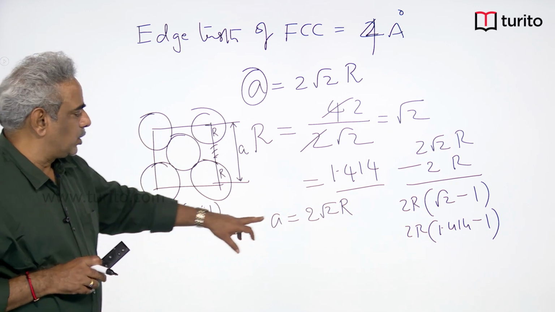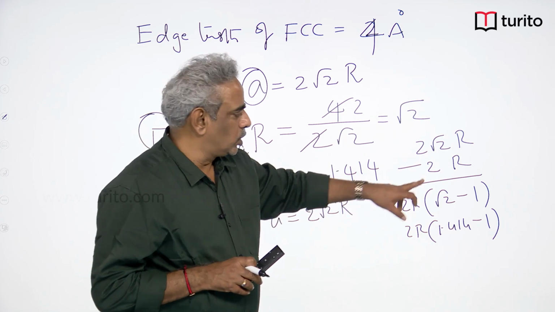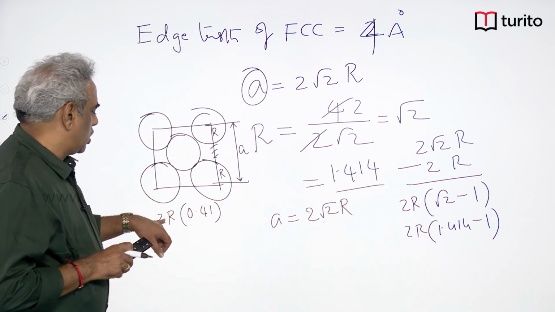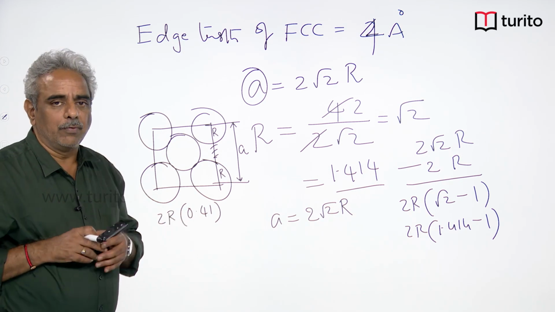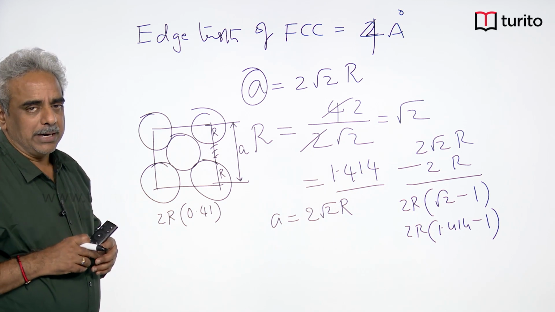See, try to understand. 2 root 2 R is the total length. 2R is the occupied length. The left out length is 2R into 0.41. So, what is the percentage unoccupied? That is the question.